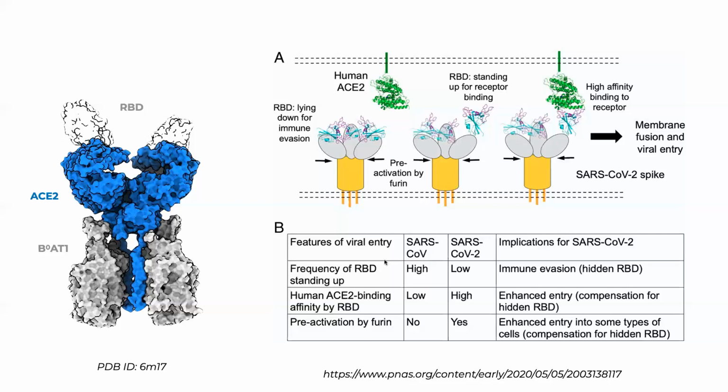And so you can see how the frequency of the receptor binding domain seems to be lower in SARS-CoV-2. This might be the result of the pre-activation by furin, or might be a result of the structure itself, the chemical properties.